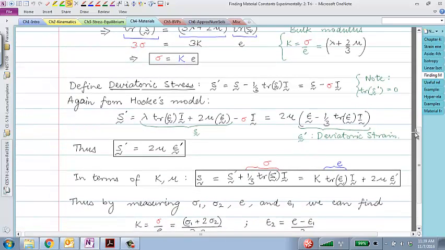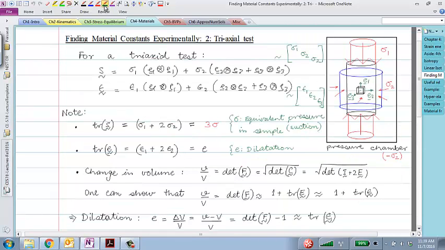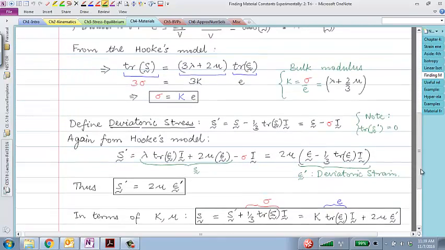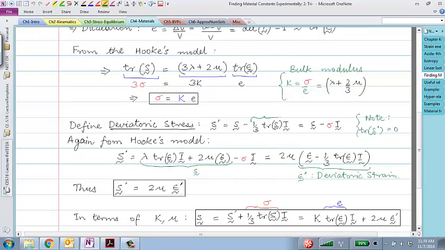And there is the other part, which I should point out here: this 1/3 trace of stress times identity is called the volumetric part, or volumetric stress. So volumetric stress plus deviatoric stress gives you back the original state of stress.